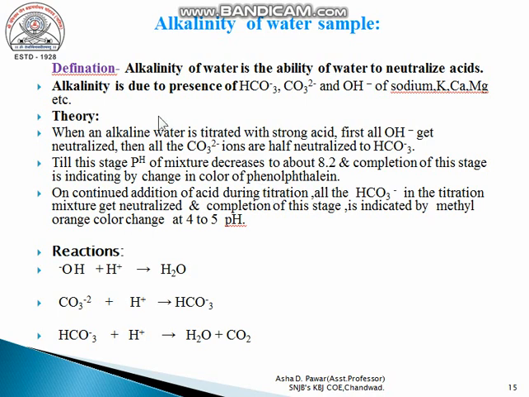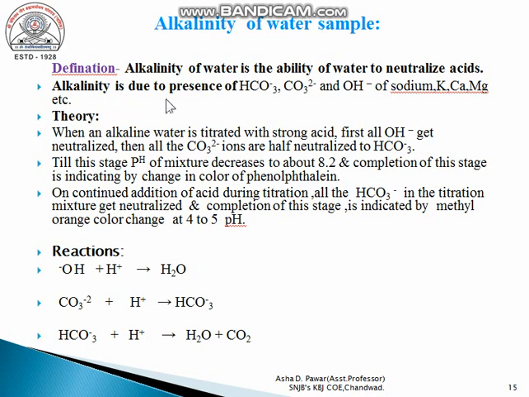Students, alkalinity of water is the ability of water to neutralize acid. That is, if water contains some basic ions that are neutralized by acid, that tendency of the water is the alkalinity. Why does a water sample have alkalinity?